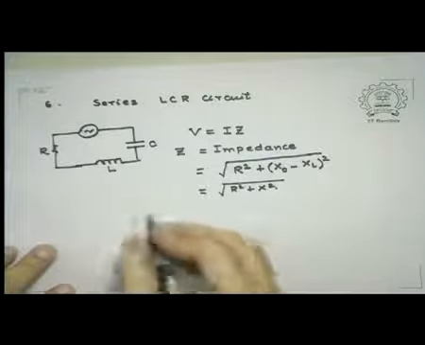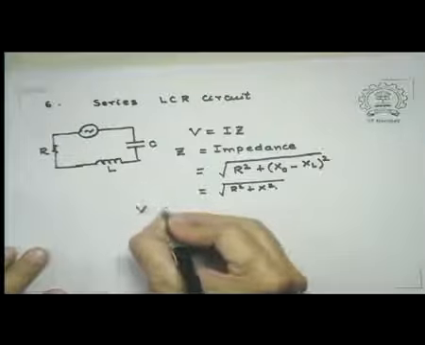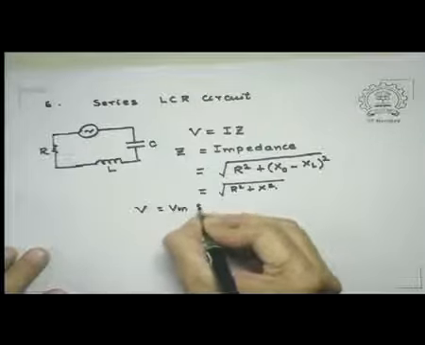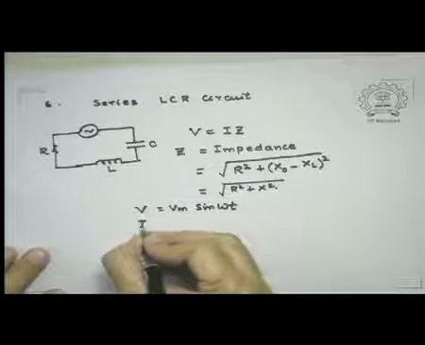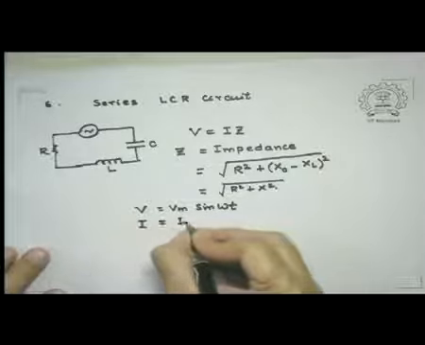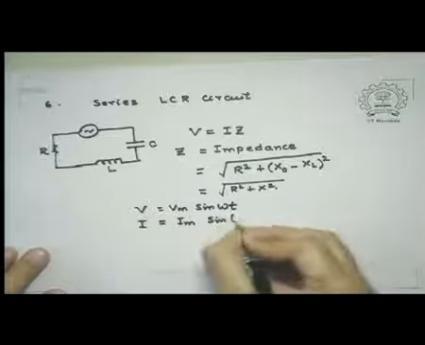In this case, if I again take V is equal to Vm sin omega t, the general expression for the current would be Im sin of omega t plus phi.